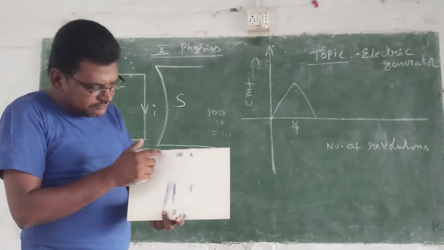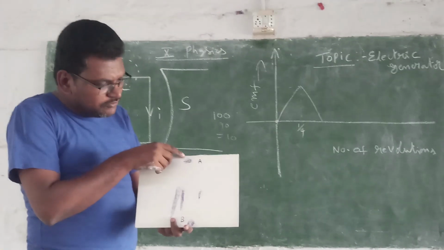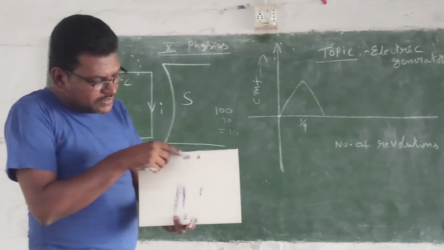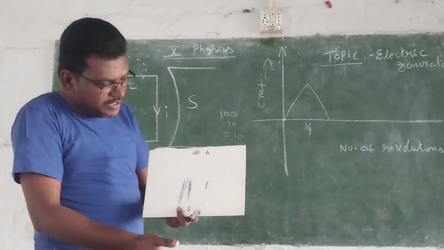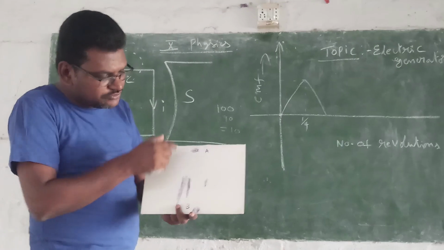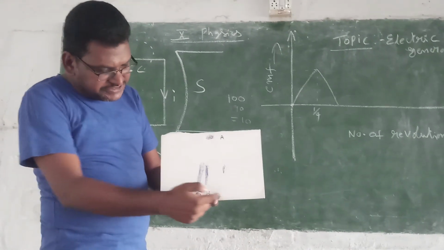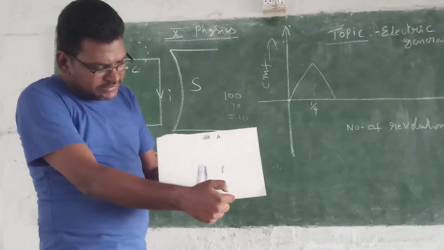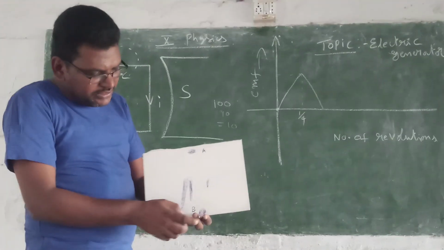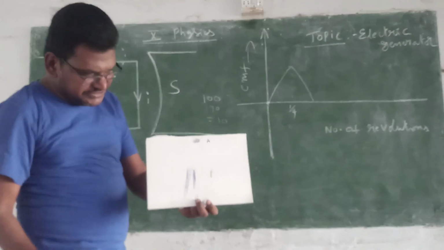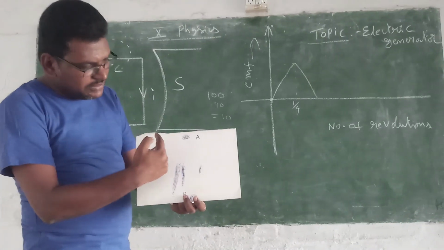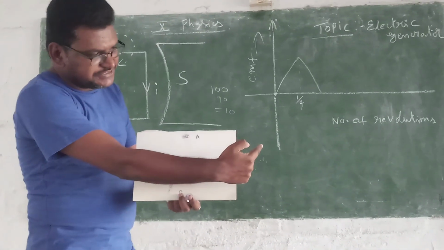Now see here, after the half rotation, A goes to the bottom and B comes up. Now in this orientation, the flow of current through the bottom wire is in this direction and through the top wire is in this direction.